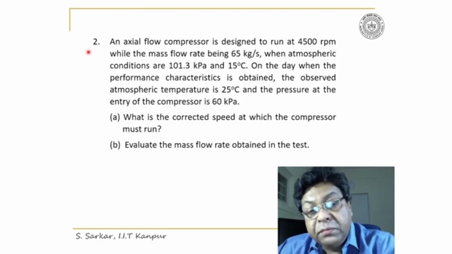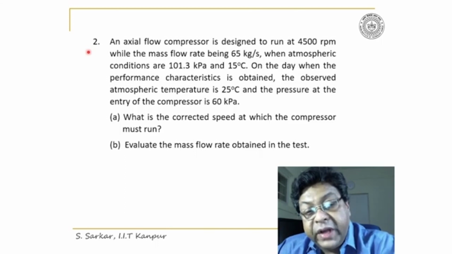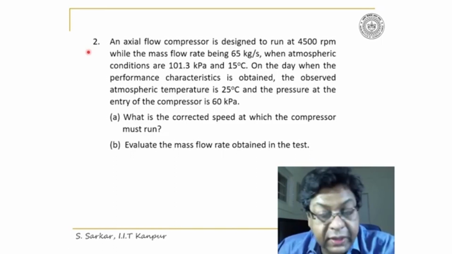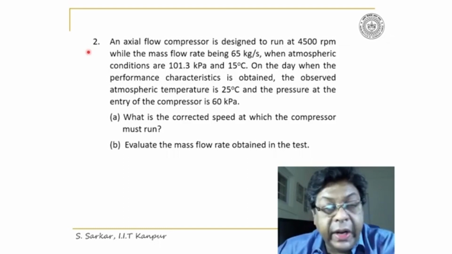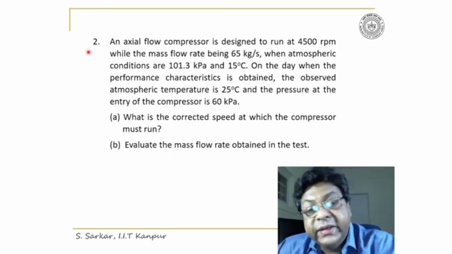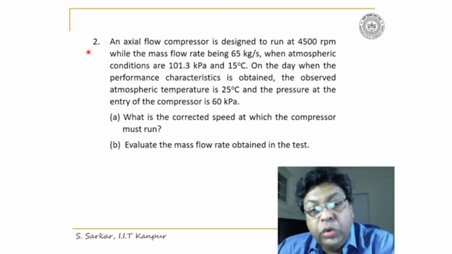On the day when the performance characteristics are obtained, the observed atmospheric temperature is 25 degrees Celsius. The pressure at the entry to the compressor is 60 kilopascal. So please note that when the characteristics are obtained, both the temperature and the entry pressure to the compressor have changed.